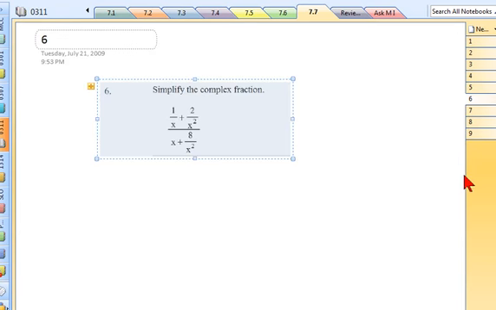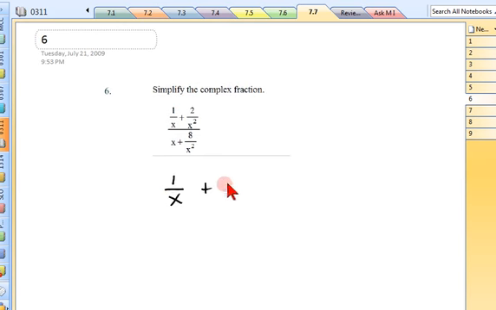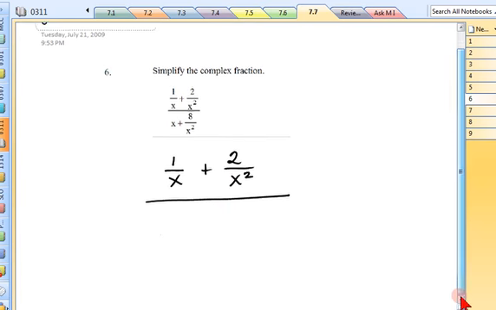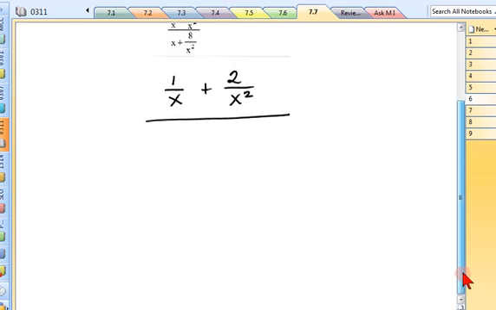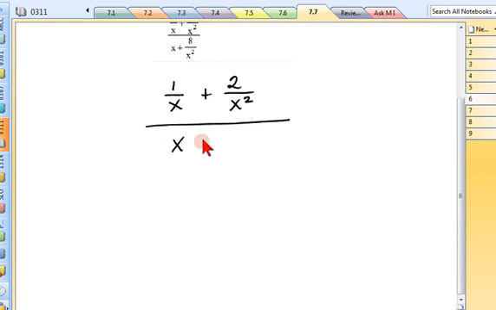Let's look at 6. Copying the problem over, I have 1 over x plus 2 over x squared, all over x plus 8 over x squared.